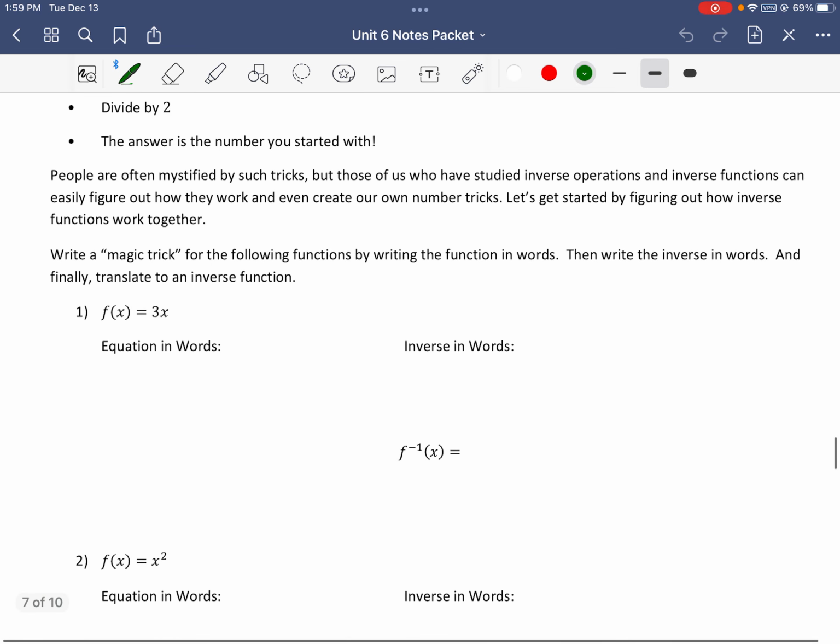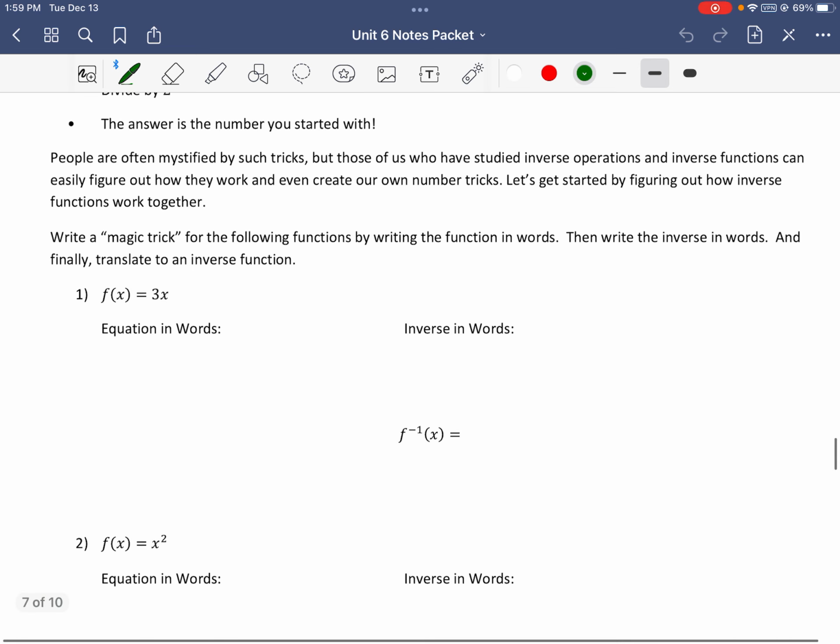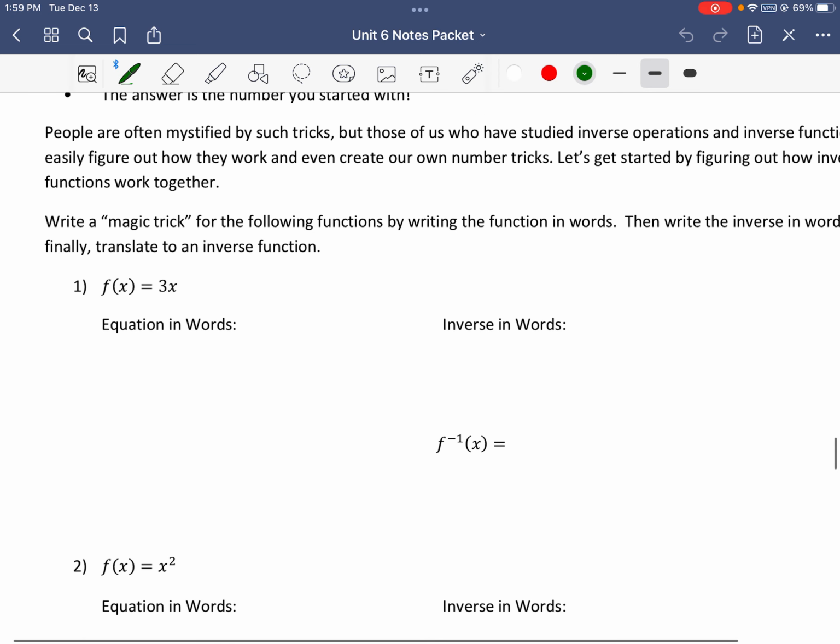So we're going to write a trick here. We're going to write this function in words, and then we're going to go backwards to write its inverse, okay? So how would you say this in words? We have a 3 times x, okay?